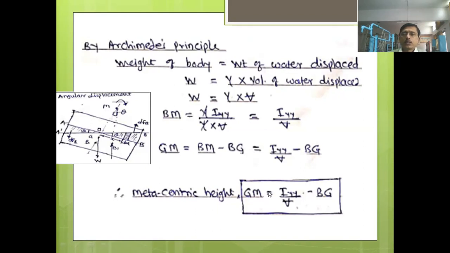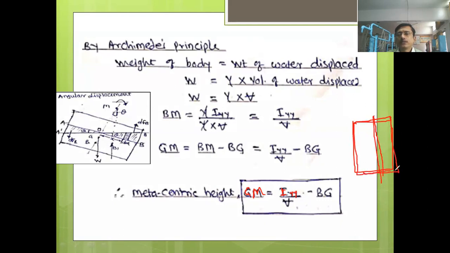In the last lecture, we derived this equation for the metacentric height, that is GM is equal to Iyy over V times... So this Iyy is the moment of inertia about this centroidal axis, right? Moment of inertia of what? Moment of inertia of this area.